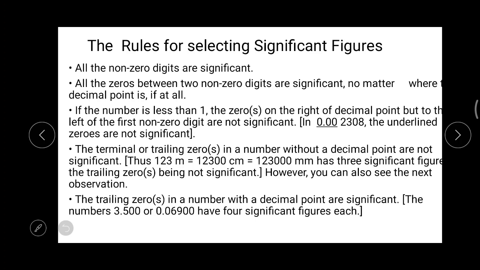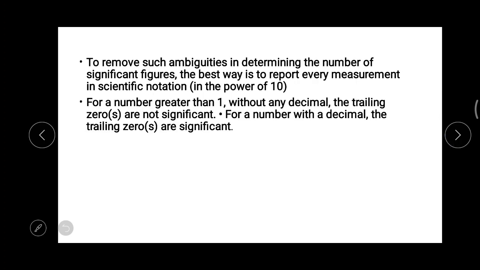Now let us come to, okay, so how can we remove the errors in the significant figures, or the confusions in the significant figures? To remove such ambiguities in determining the number of significant figures, the best way is to report every measurement in scientific notation, that is in the power of 10.